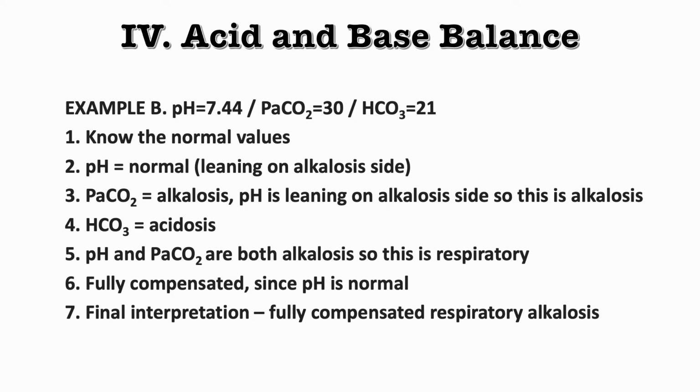Step 4, HCO3 21 is acidosis. Step 5, pH and PaCO2 are both on the alkalosis side, so this interpretation will be respiratory. Step 6, this is fully compensated. Why? Because pH is normal. And final interpretation, fully compensated respiratory alkalosis.